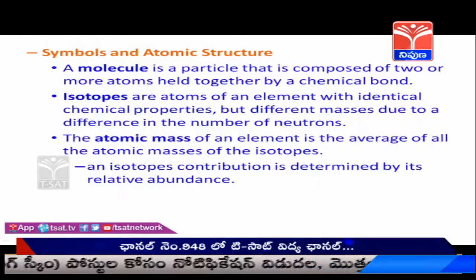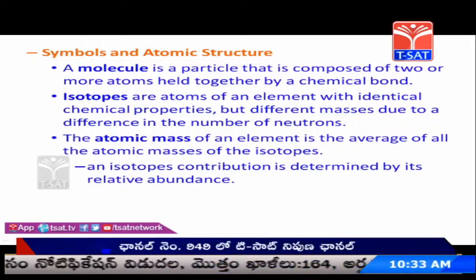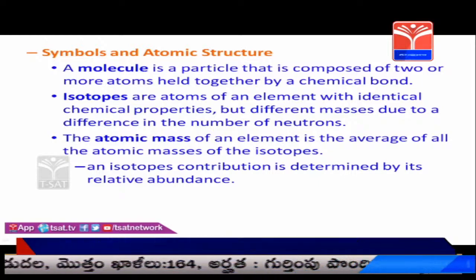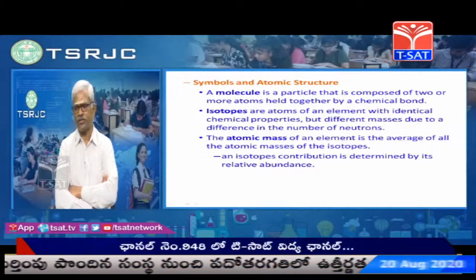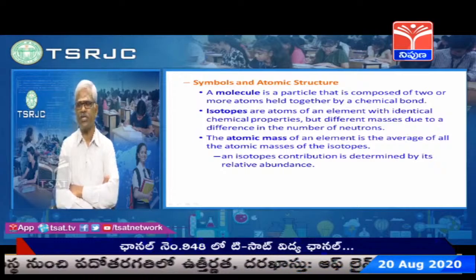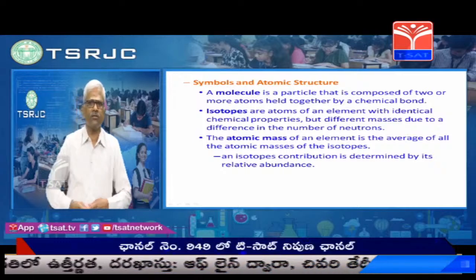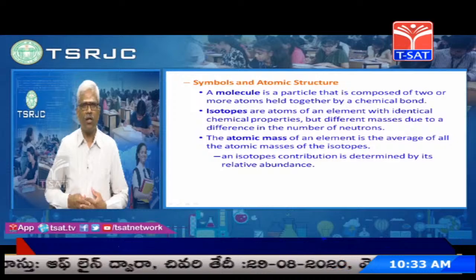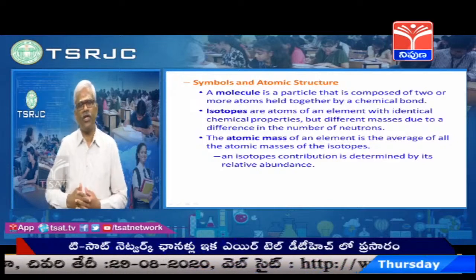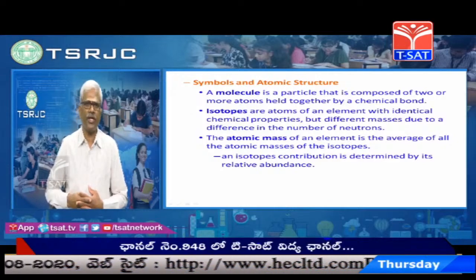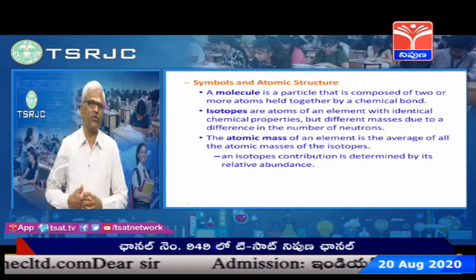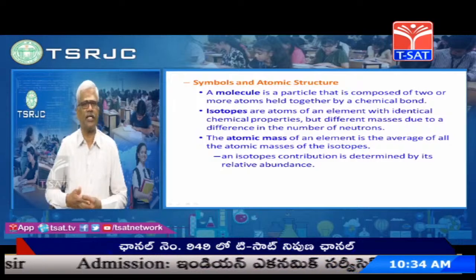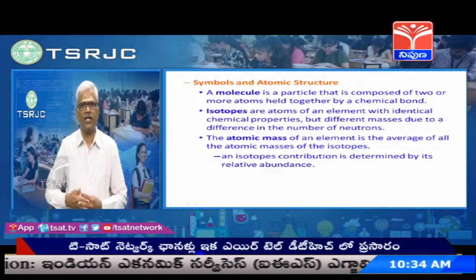For this chapter, we must understand a little bit about isotopes. Isotopes means the atoms of the same element will have different atomic masses. That means the number of neutrons will change.